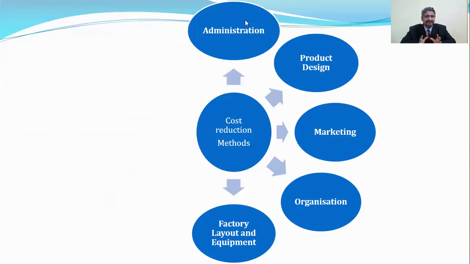The need for plant replacement, if there is a requirement, or the introduction of new processes and facilitating expansion should all be examined, and various cost cutting options should be investigated, where we can reduce the cost. Any hidden bottleneck or challenge that prevents plants and other facilities from being used to their full potential should be investigated. The investigation should keep going. That will give you the cost reduction methods.